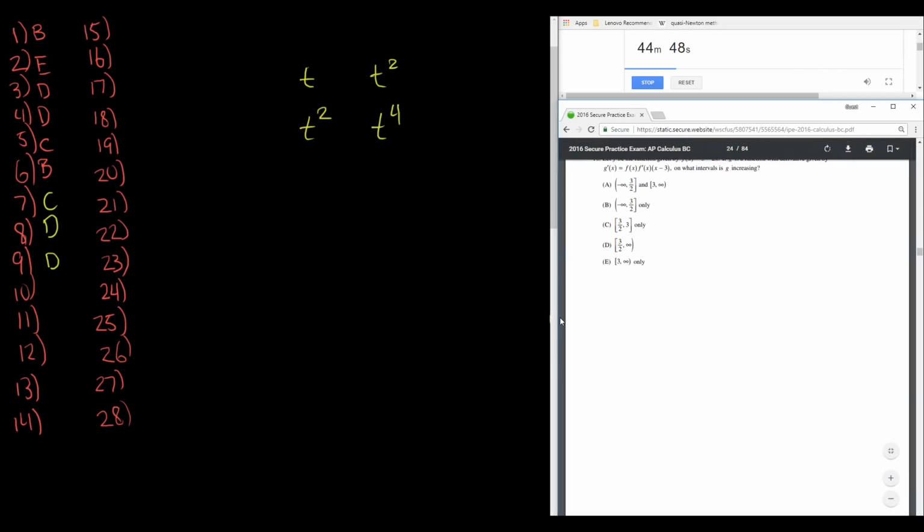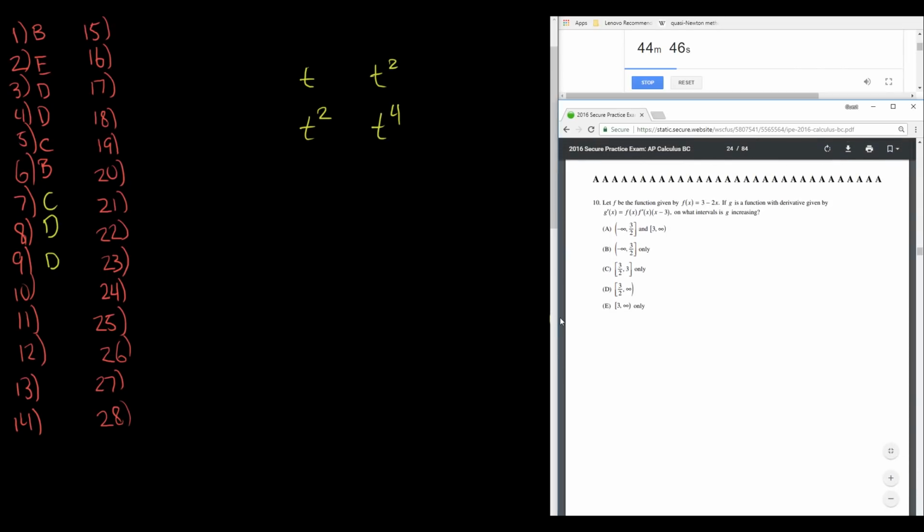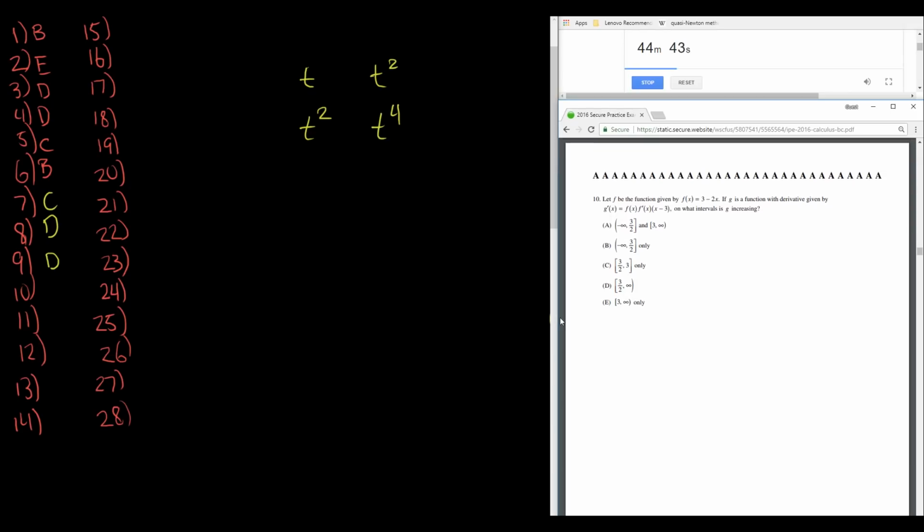Let f be the function given by this expression. If g is a function with the derivative given by that. Okay, so first of all, f prime of x is negative 2. So g is decreasing where g prime is less than 0.